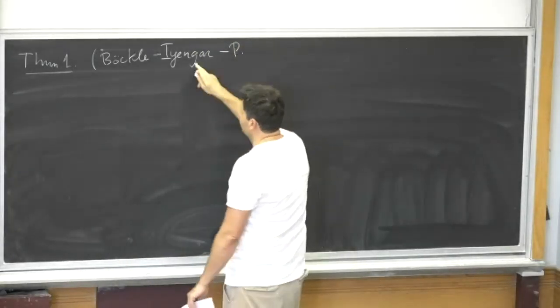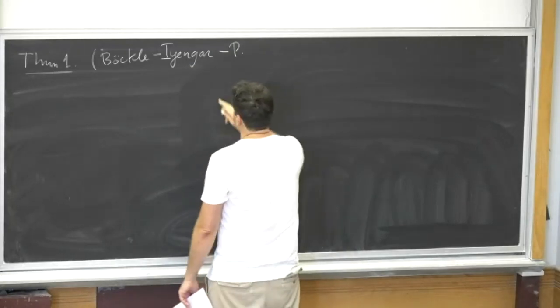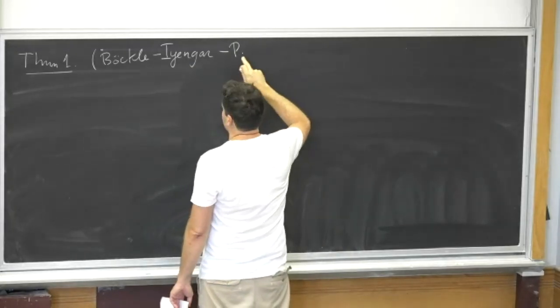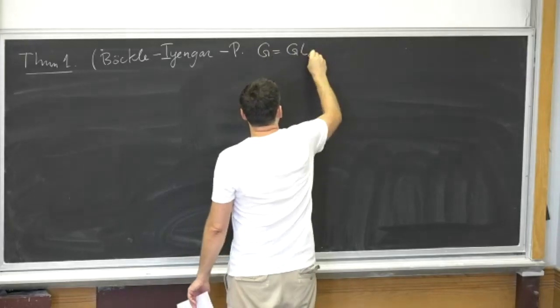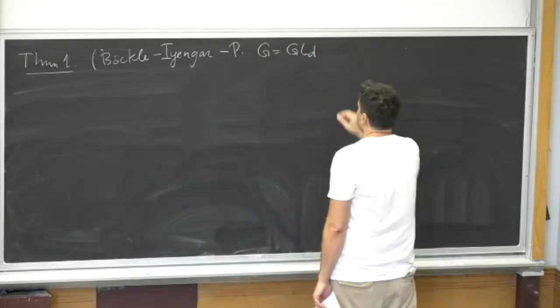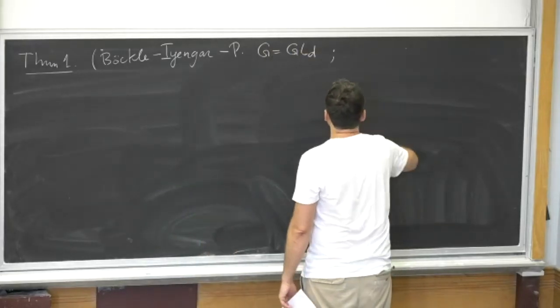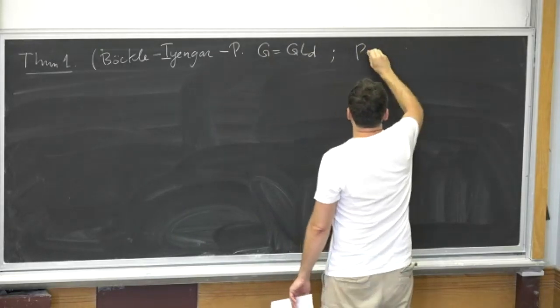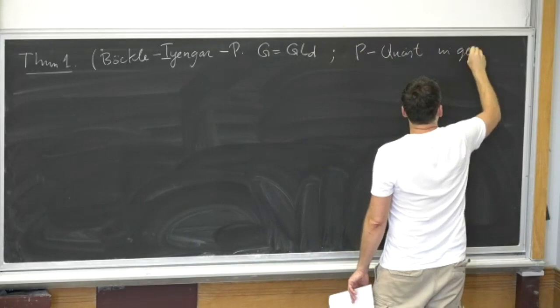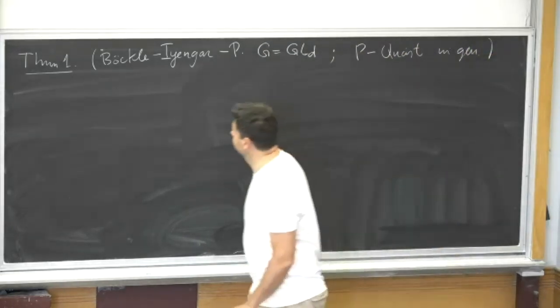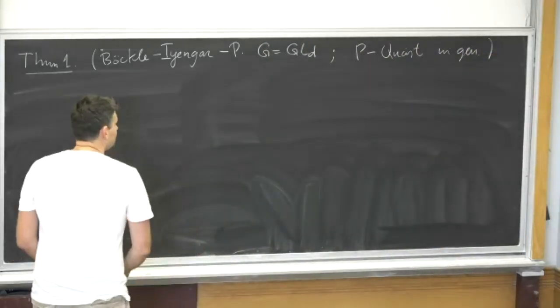There are lots more Iyengars and Paskunas in this world. So we did this for G equal to GLD, right? So that's already a good start.